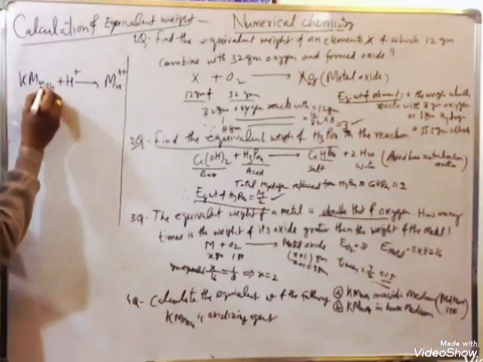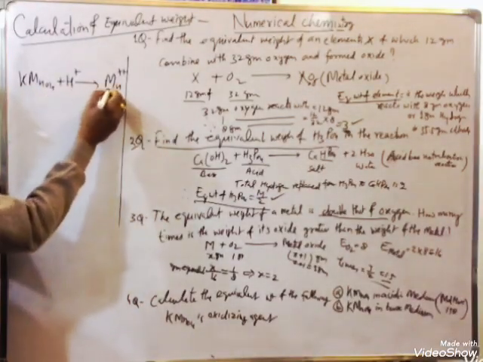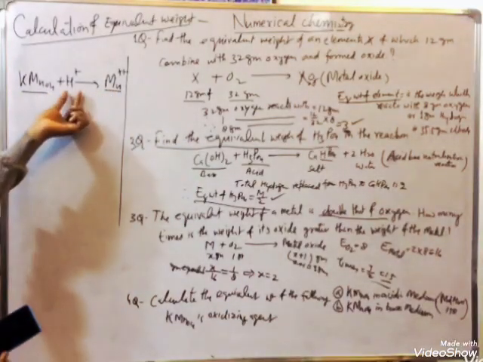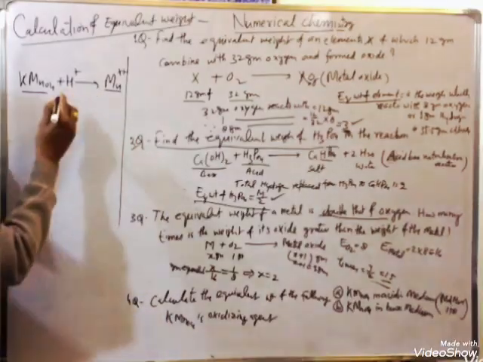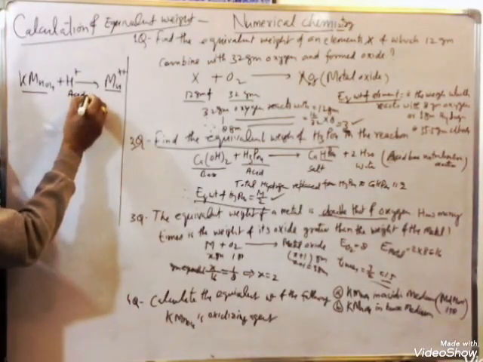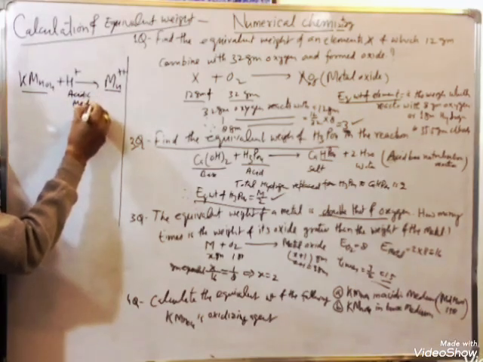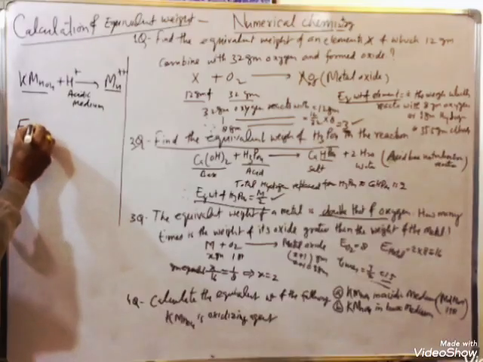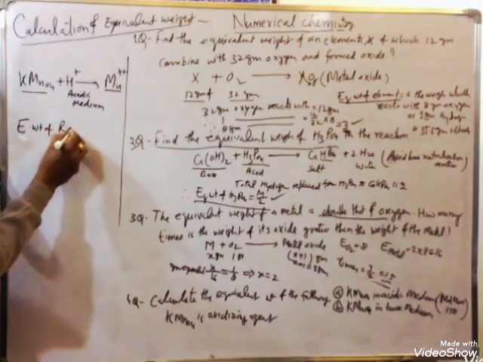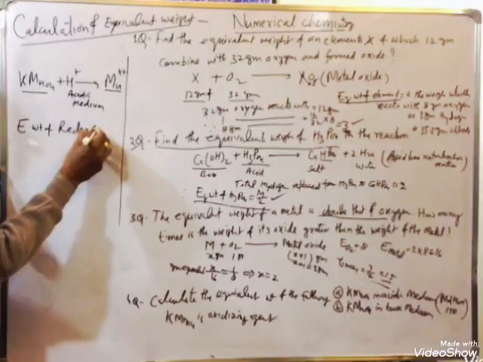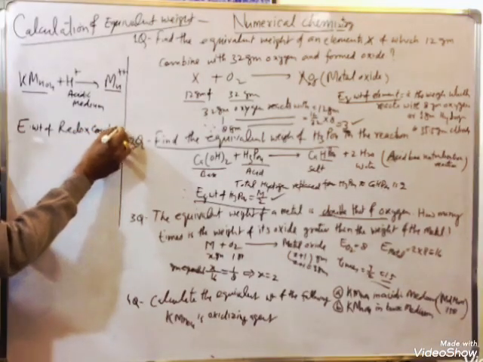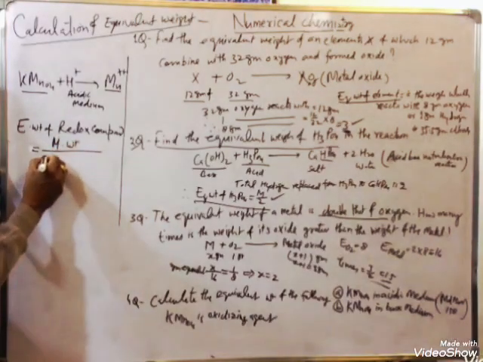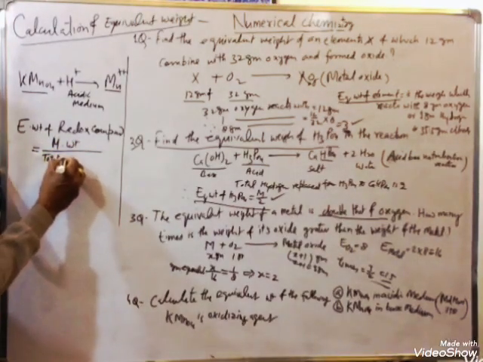So KMnO4 is converted into Mn2+. If you find out the equivalent weight in acidic medium, you know the equivalent weight of a redox compound is equal to molecular weight divided by total change in oxidation number.